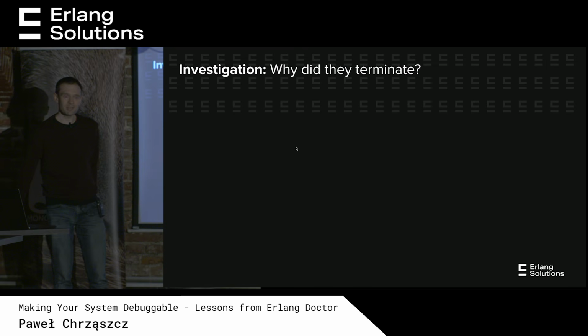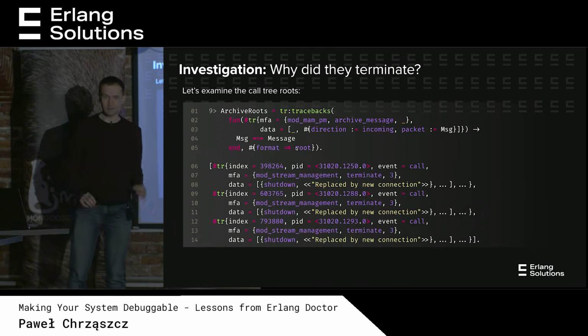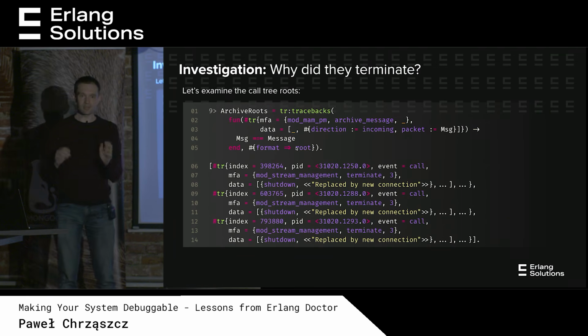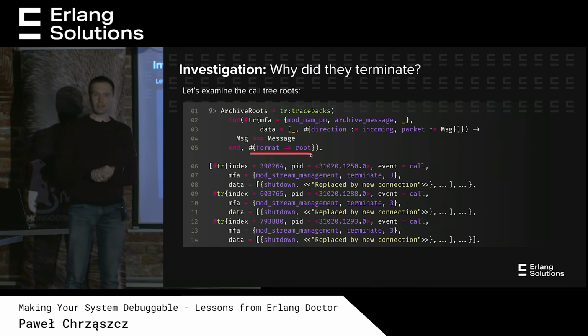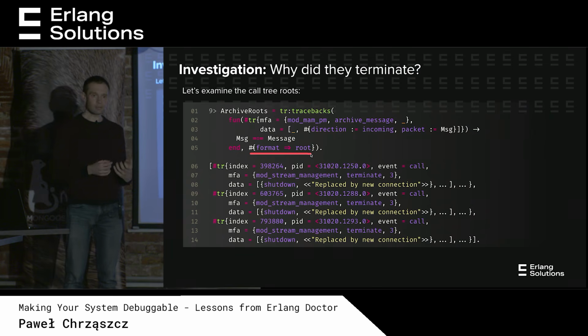Next question: why did those processes terminate? Let's examine the so-called roots of those tracebacks, as I call them. So I'm adding this here, and I'm only interested in the root of the traceback. And I'm seeing that the root of each of those sequences of calls was replaced by new connections.